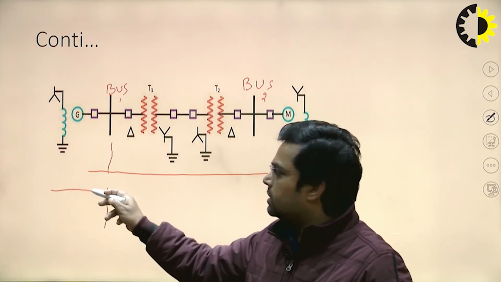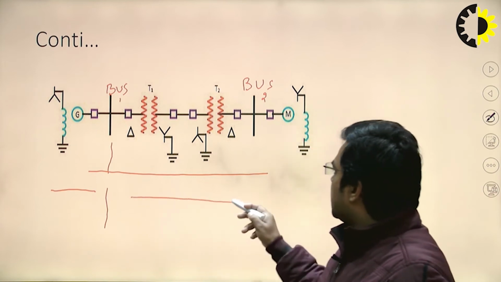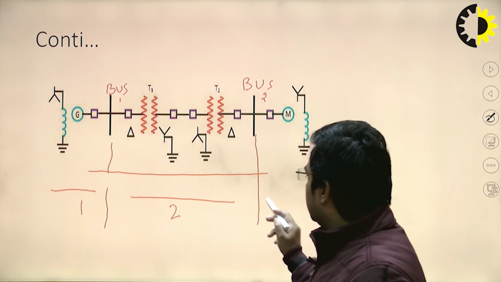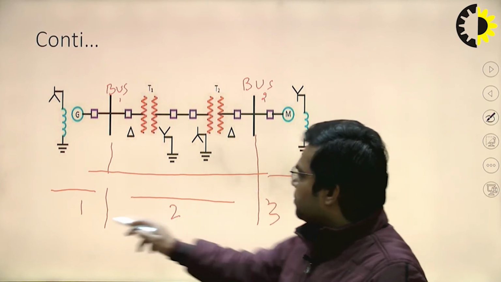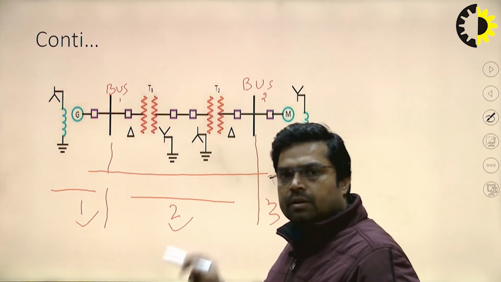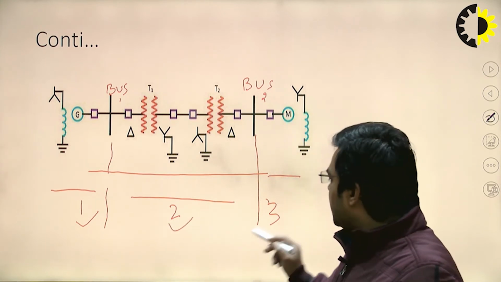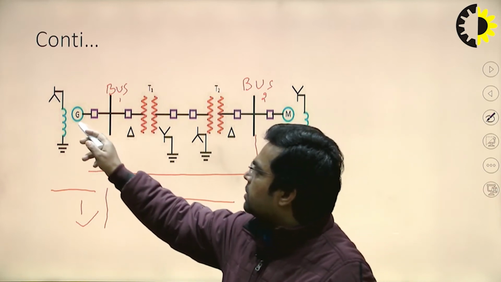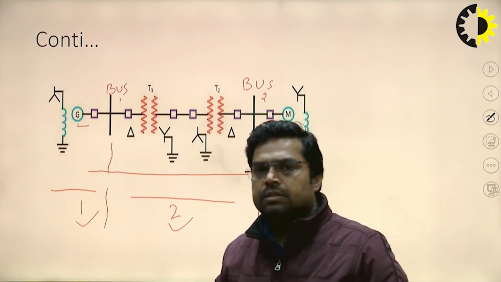This is first, this is second, and this is third part. The first part is the generation side, the second part is the transmission side, and the third part is the distribution side. In the generation side, you can see there is a generator.